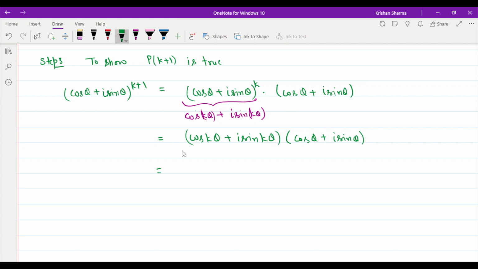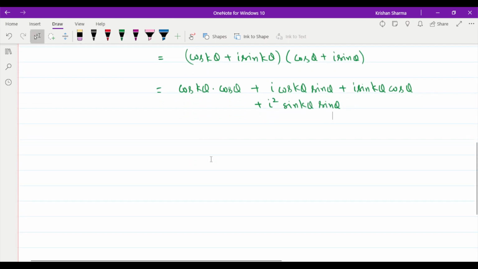Now we multiply these and see what we get. We get cos k theta into cos theta, plus iota cos k theta into sin theta, plus iota sin k theta into cos theta, and plus iota square sin k theta into sin theta. Now separating the real and the imaginary parts, we get cos k theta into cos theta.